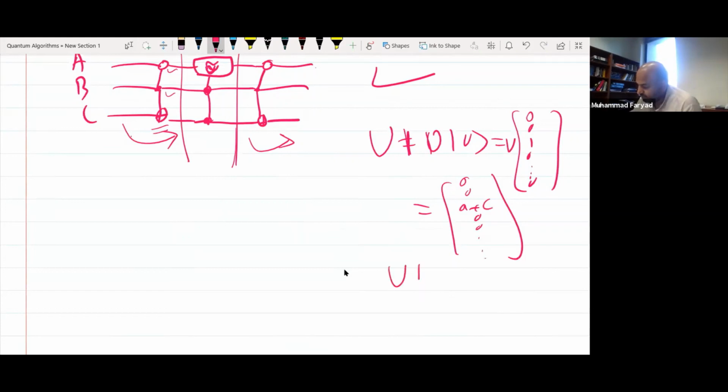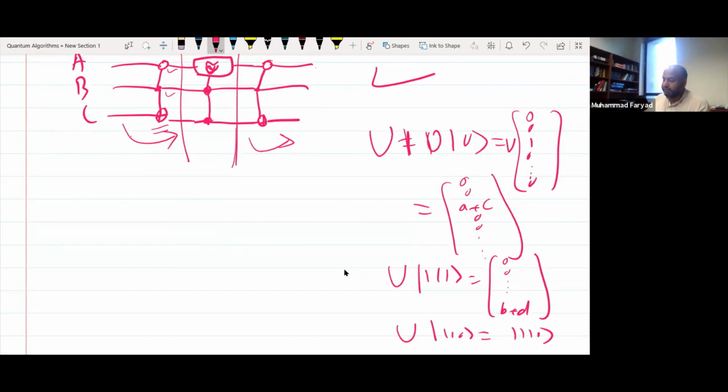And if you implement U on this 1 1 state, you actually get 0 0 0 0 B plus D at the end. And if you implement unitary on any of the other states, for example 1 1 0, you'll get the state 1 1 0 back. So this is what this unitary does.